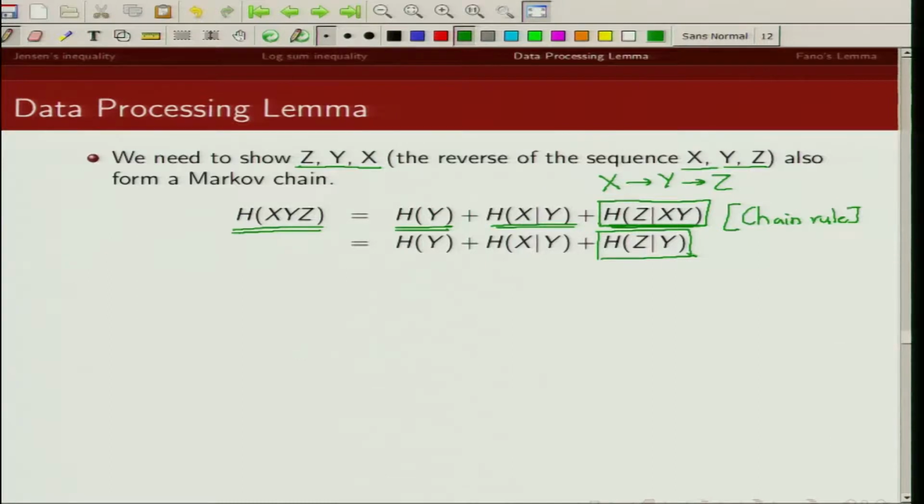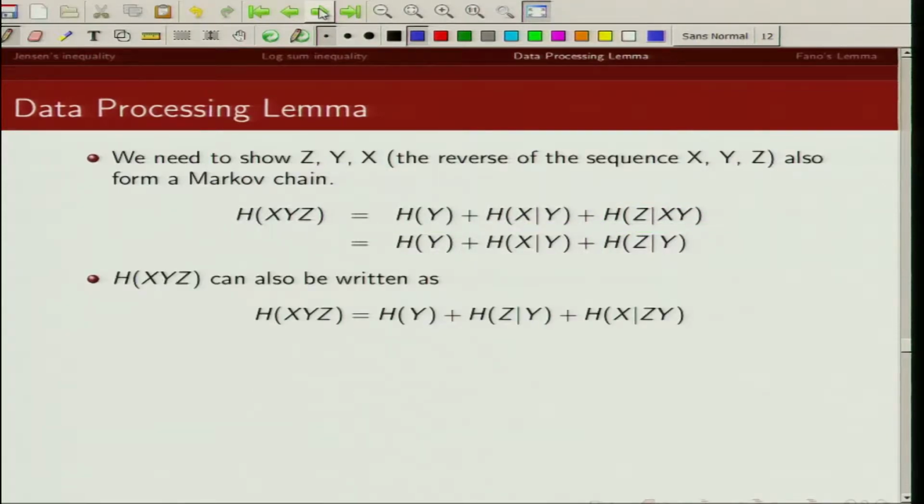So we can write this joint entropy as h of y plus h of x given y plus h of z given y. Now we write this joint entropy again using the chain rule in a different way. So I can write the same thing as h of y plus h of z given y plus h of x given z, y.